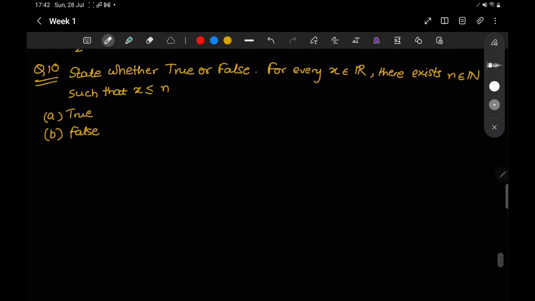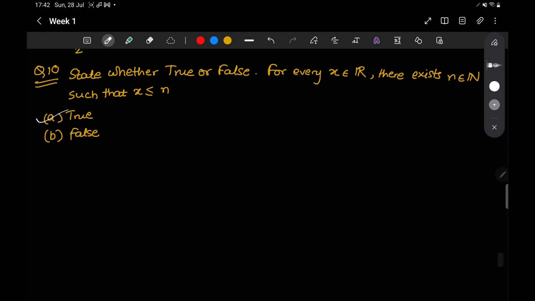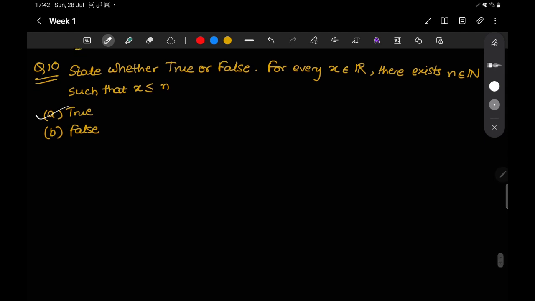Okay, so now the answer. The answer is option A, which is true. So once again, to remind, R is the set of real numbers and N is the set of natural numbers.